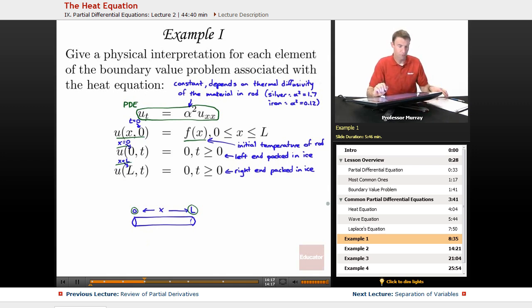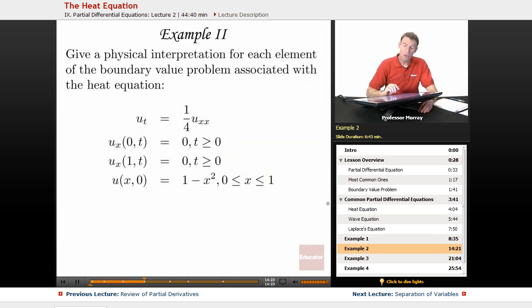So let's look at a different kind of boundary value problem, still a heat equation. In example 2, we're still looking at a heat equation, but we've been given slightly different conditions here, so let's see how to give a physical interpretation for each element of this boundary value problem. So we have u_t is equal to 1/4 u_xx.